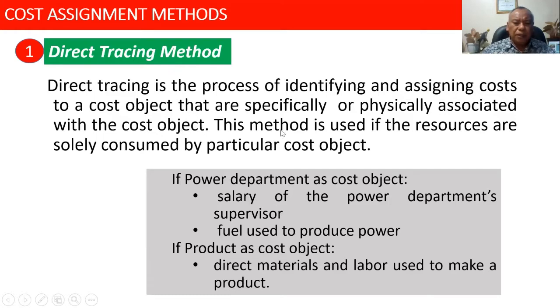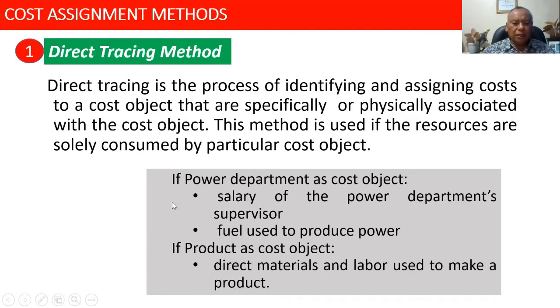So this method is used if the resources are solely consumed by a particular cost object. Actually, the direct tracing method we use for direct costs. In direct costs, we can easily and accurately trace to a particular cost object.